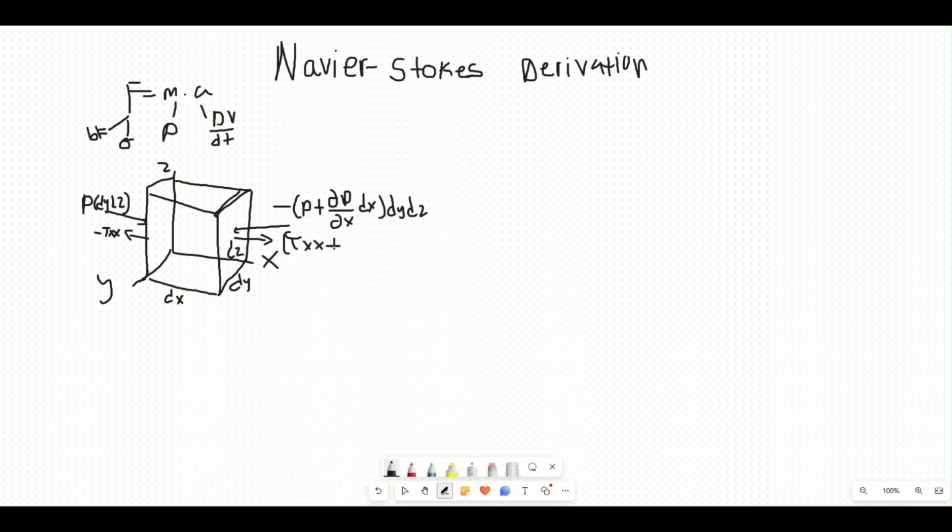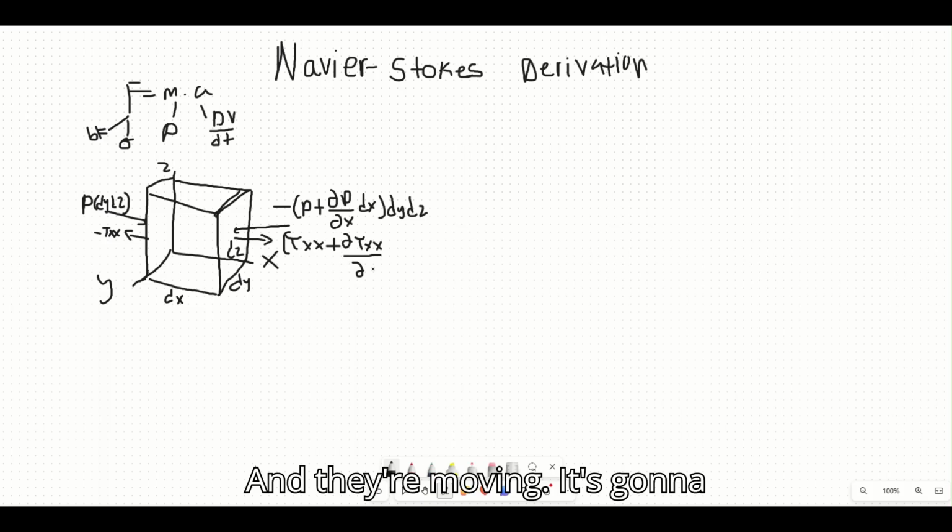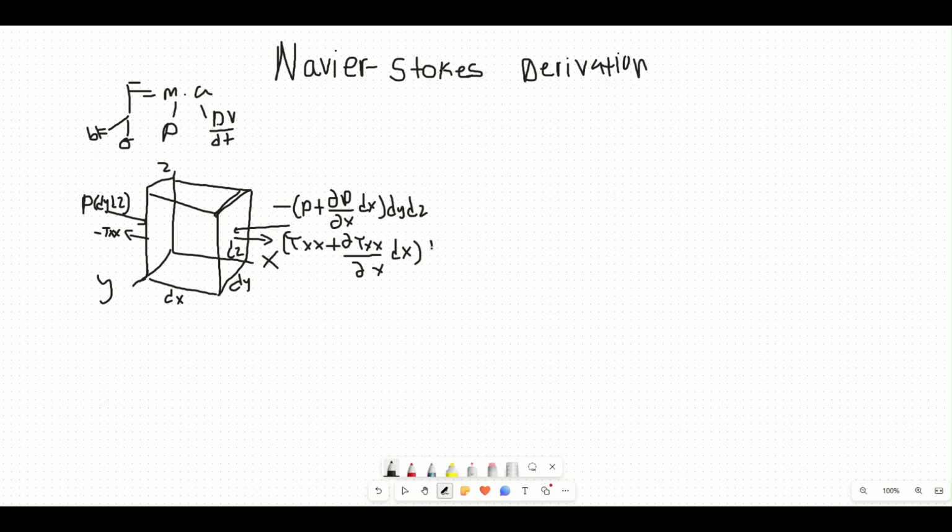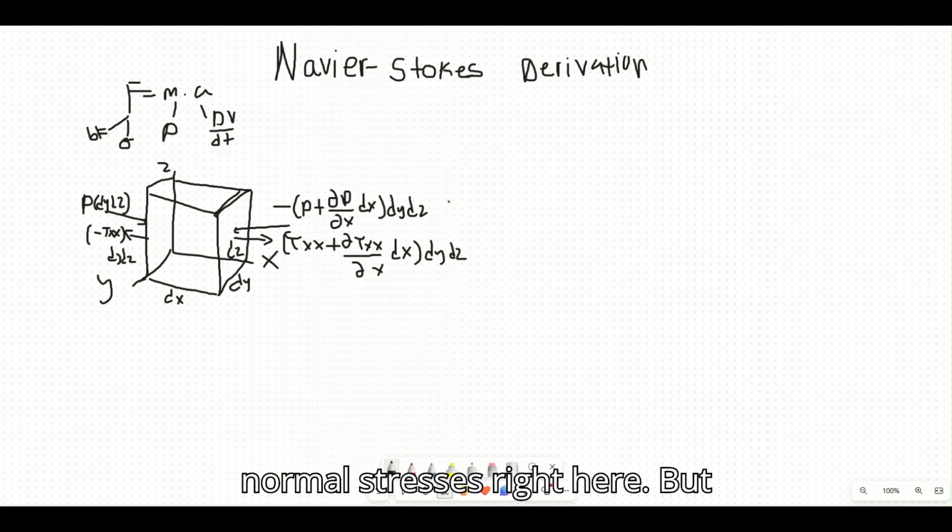This one will be tau xx plus partial tau xx over partial x, moving in the x direction, times dx, dy, dz.